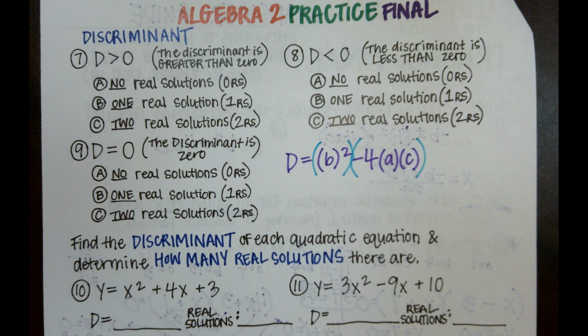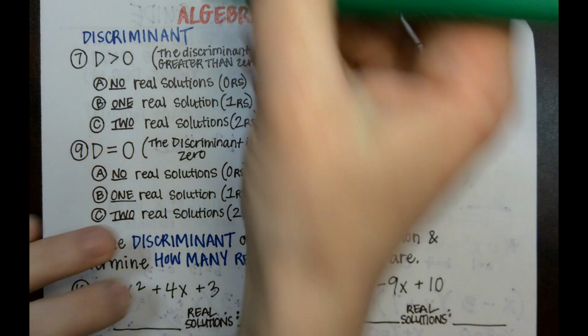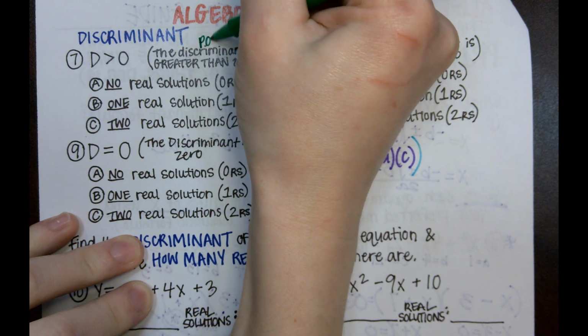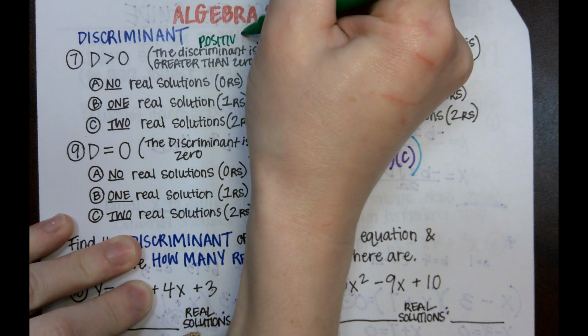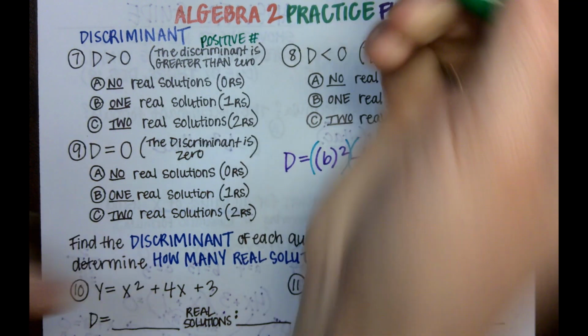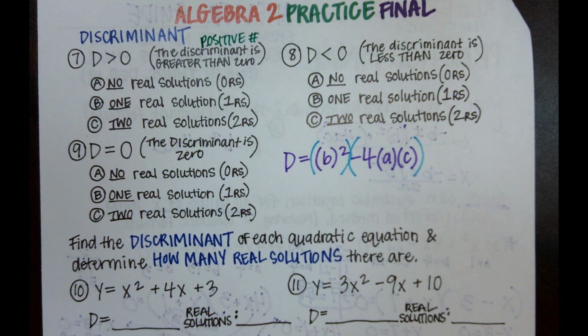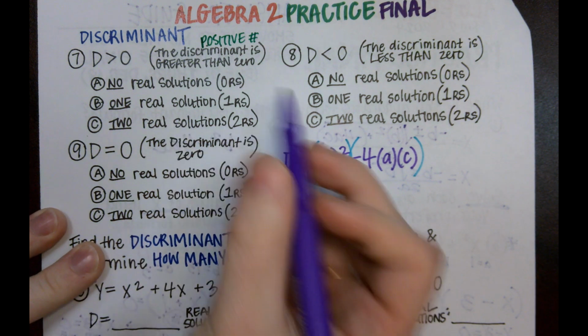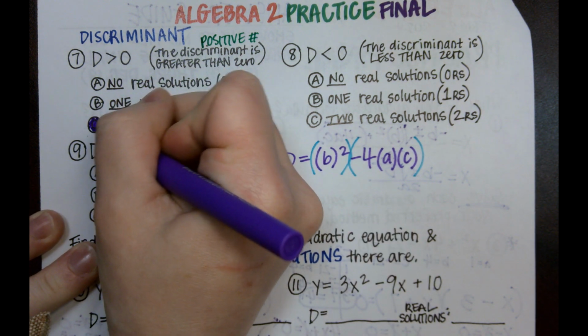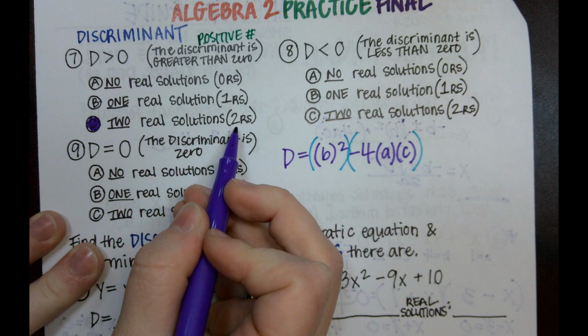So for number 7, we have d is greater than 0, or the discriminant is greater than 0. That means it's a positive number. So if you need to write that, you're welcome to. Whenever our discriminant is positive or bigger than 0, how many solutions are there? 2 real solutions. 2 RS.